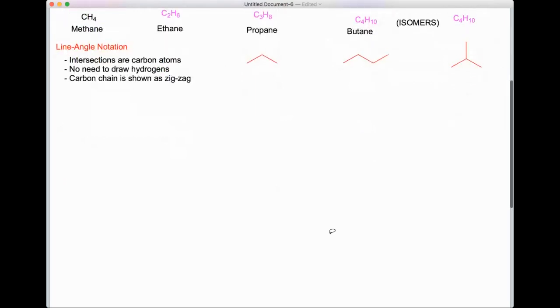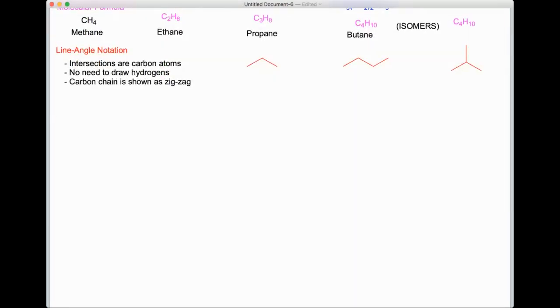All right, so let me give you now a problem. I want these two molecules, guys.